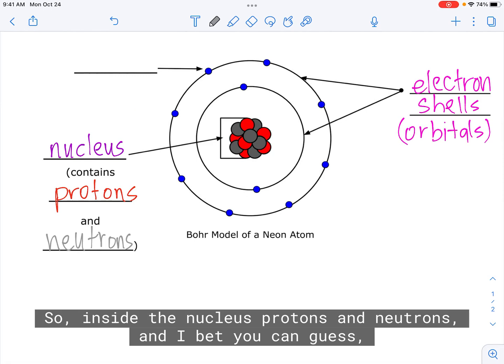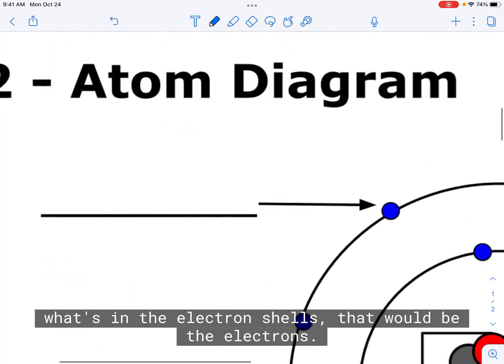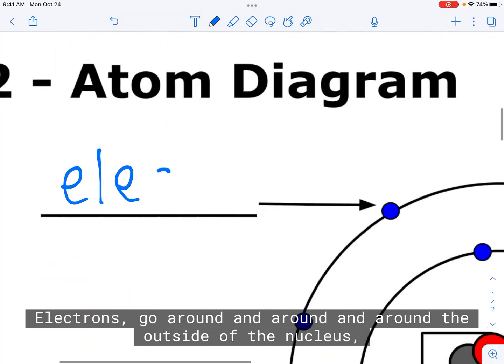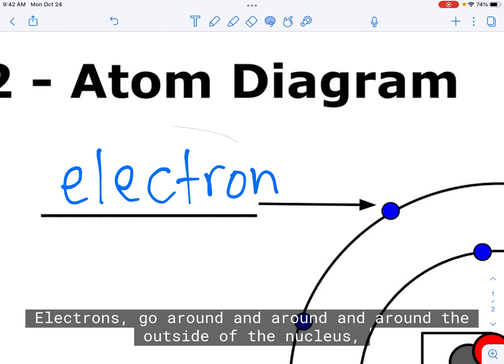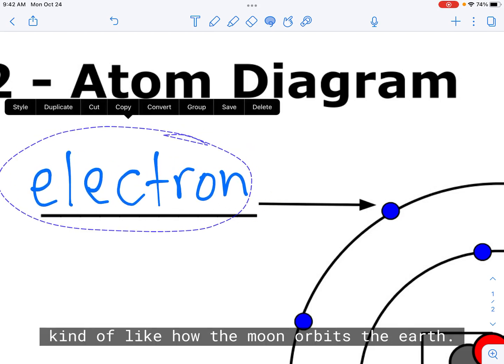So inside the nucleus, protons and neutrons, and I bet you can guess what's in the electron shells. That would be the electrons. Electrons go around and around and around the outside of the nucleus, kind of like how the moon orbits the Earth.